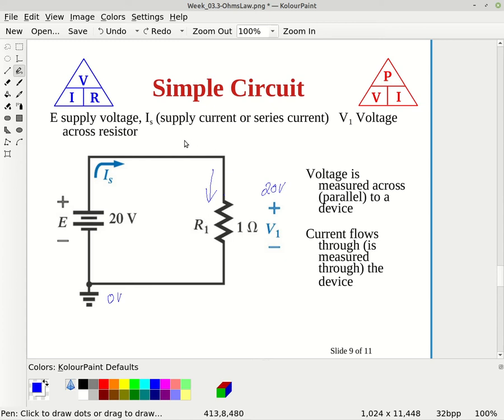And so we can calculate using Ohm's law. Now we don't know the resistance over here, but we know it's a power supply and it's got 20 volts.